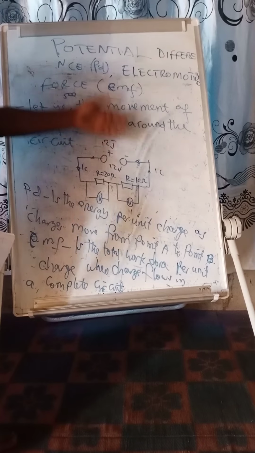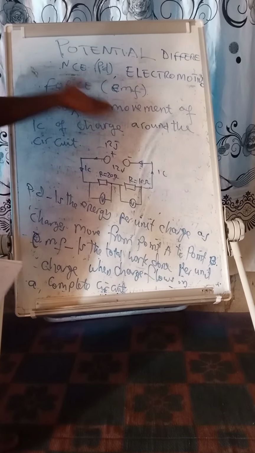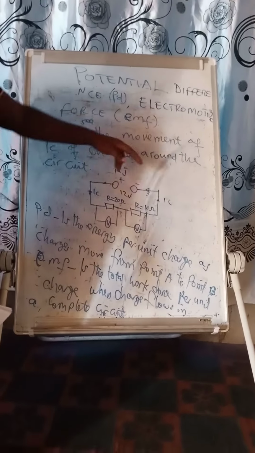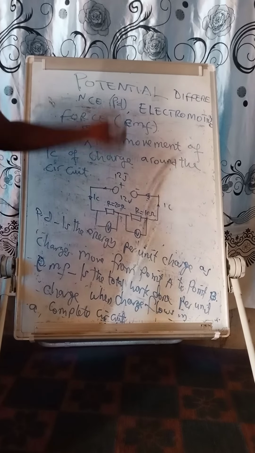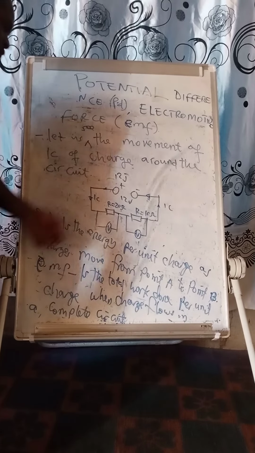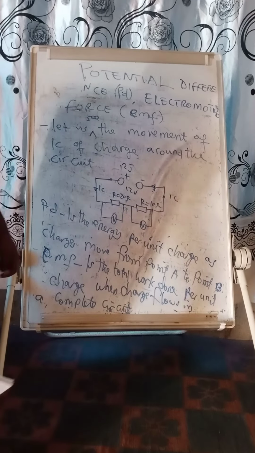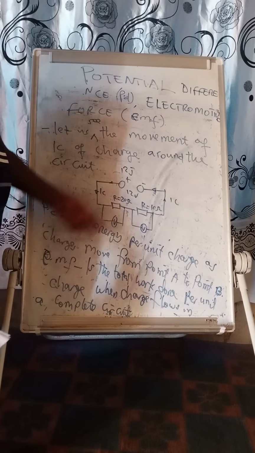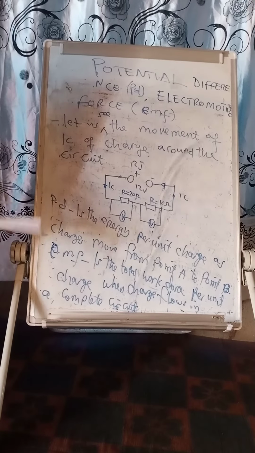The volts of the power supply in a complete circuit will be the e.m.f, and the voltage across the resistors will be the potential difference.